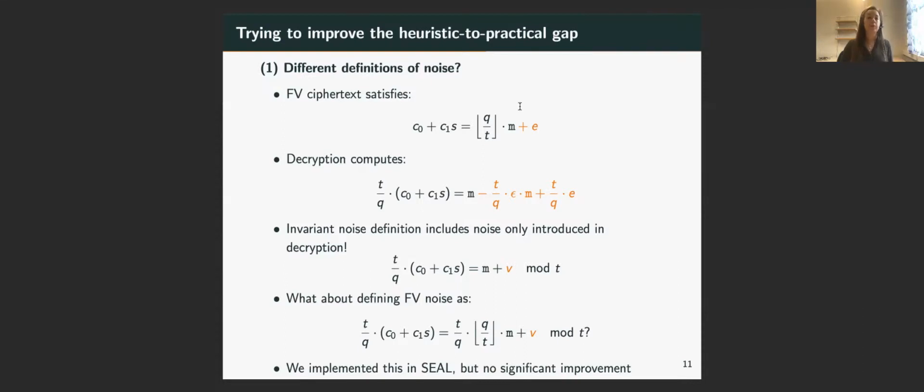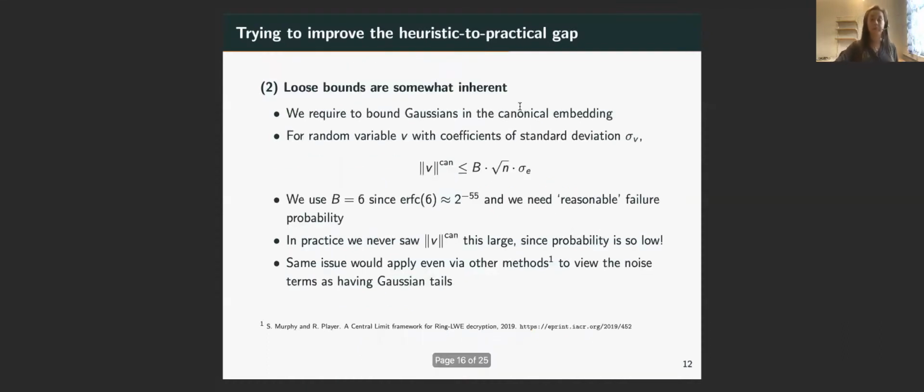And so we tried reducing it, and we tried getting rid of that, and we implemented this, and we did see an improvement, but not significant enough to say it closed or even reduced the heuristic to practical gap.